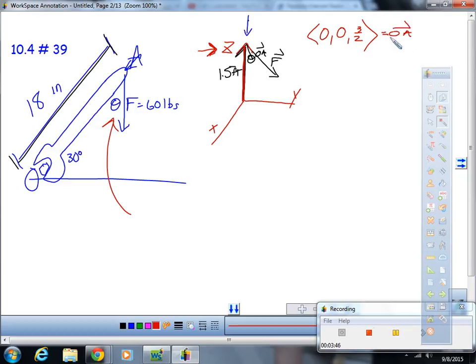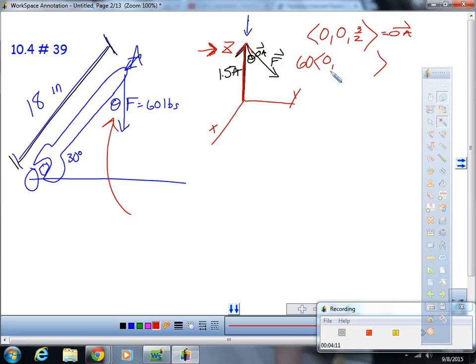Now, then our force vector, we need it to be a 60, so it's going to be 60 times a unit vector. This force vector is some combination of y and z in our picture. So it has no change in the x direction.